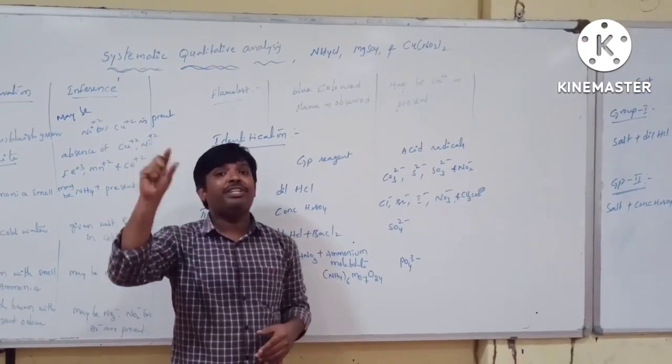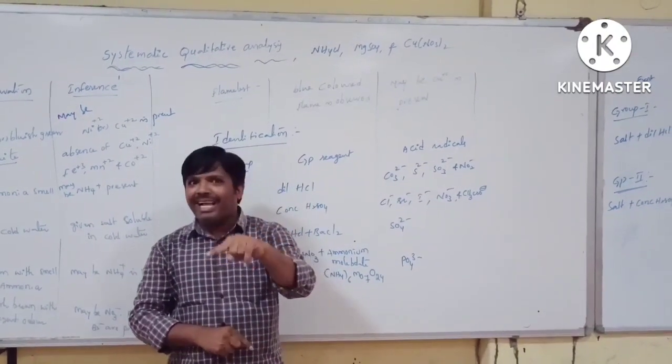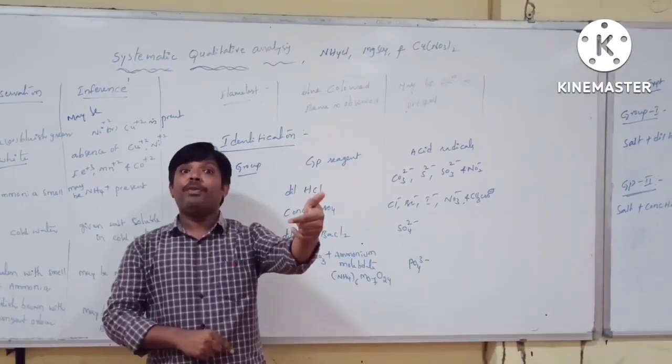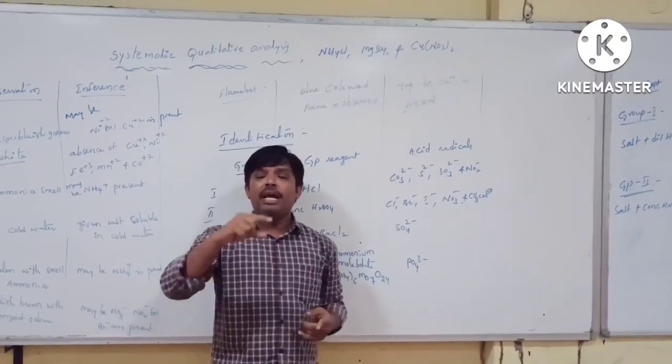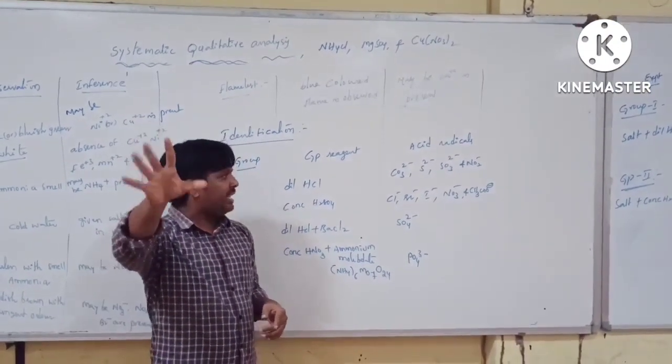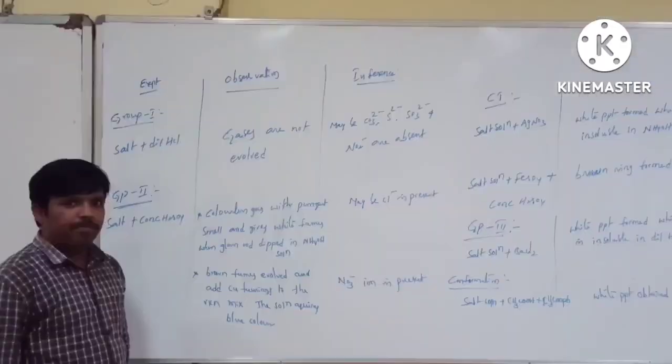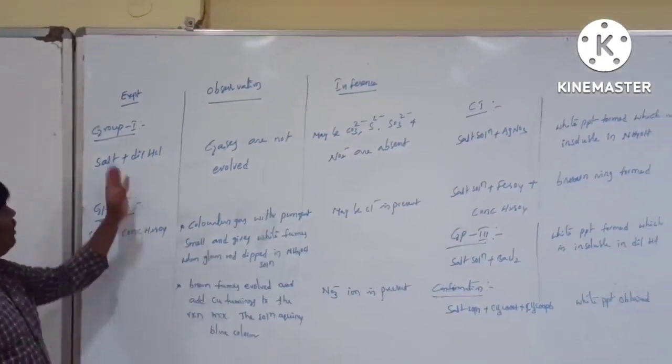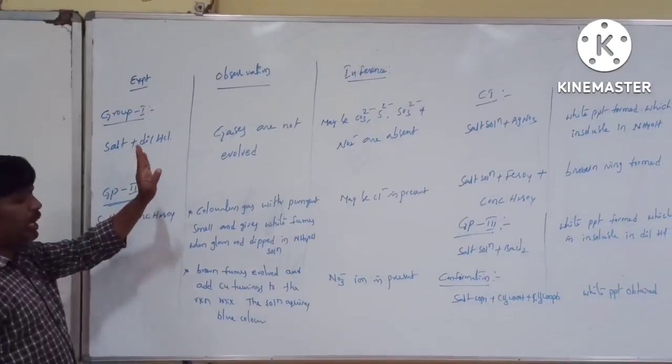During the salt formation, anions come from acids and cations come from bases. That's why cations are called basic radicals and anions are called acid radicals. Okay, right. Then group 1 reaction.